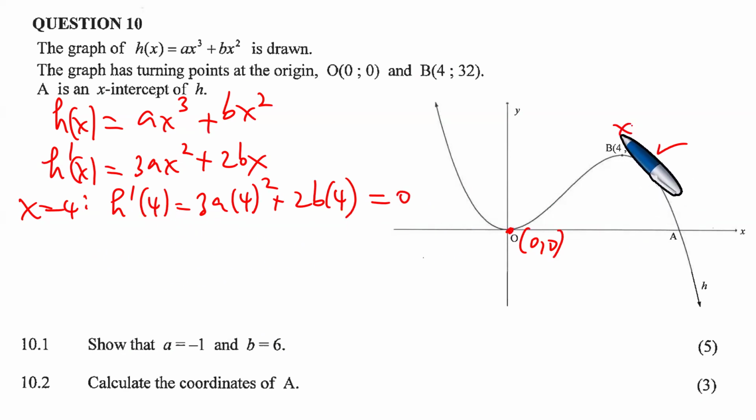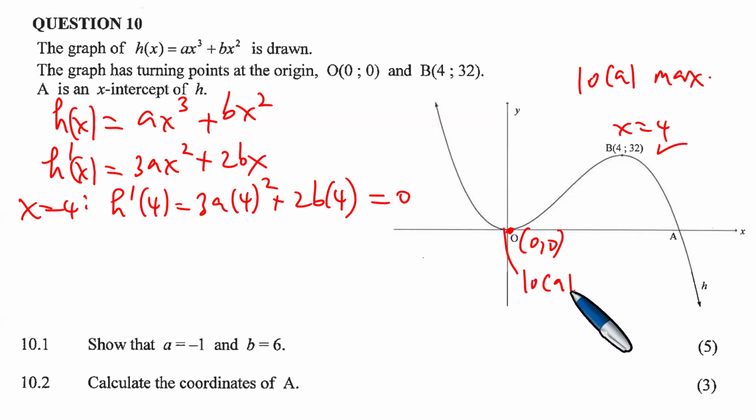Because at x equal to 4, there's a turning point, and this point here is called the local maximum. And this one here is called the local minimum turning point. Okay, at the turning point, the derivative or the slope of a tangent is 0, because any tangent to the graph will actually be horizontal and parallel to the x-axis, and therefore there's zero slope there.